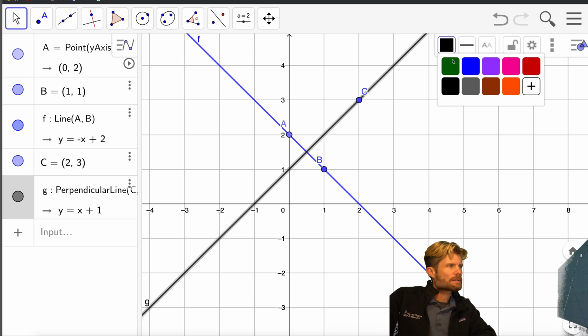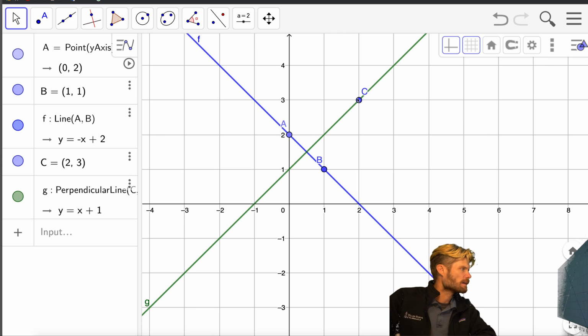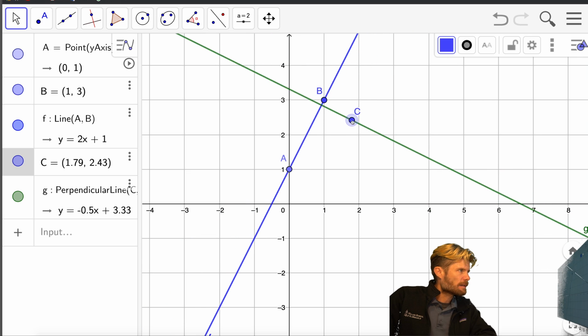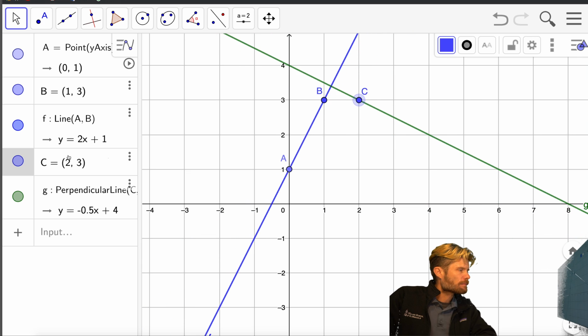And let's make this green. Okay. Now I'm going to change my slope. Let's go back to our original equation, y equals 2x plus 1. So the blue line is y equals 2x plus 1.